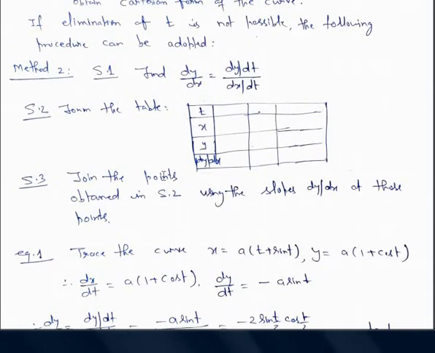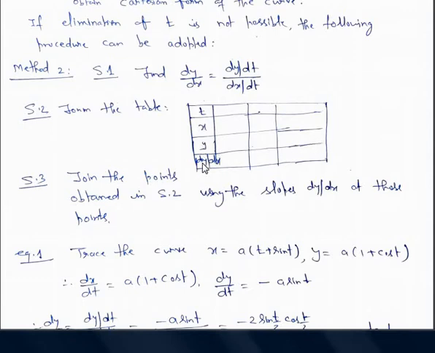This is method 2. If elimination of t is not possible, the following procedure can be adopted. Step 1. Find dy by dx. What is dy by dx? dy upon dt divided by dx upon dt. And then step 2, we form the table. In the first row we have various values of t, and depending upon the values of t, we will get x and y.